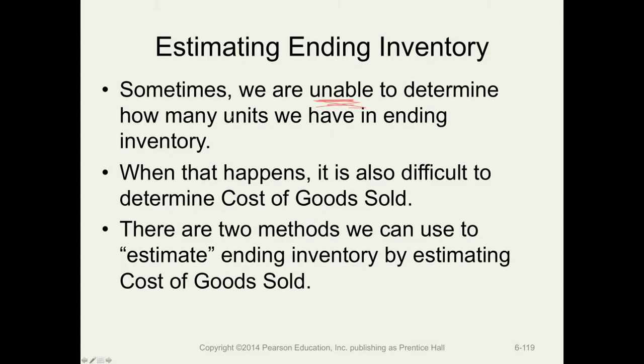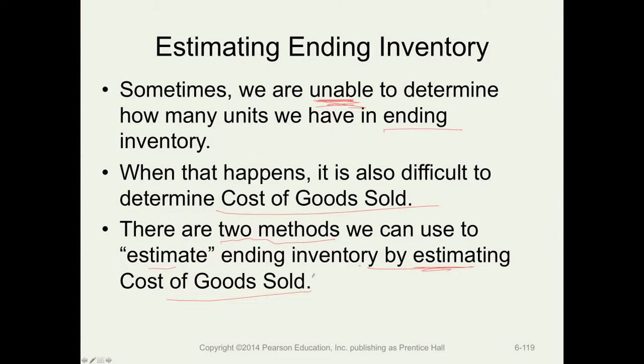And of course, when there's a casualty, not only is it difficult to estimate ending inventory, it's also difficult to estimate the cost of goods sold. Now, the two methods that we're going to use, the gross profit and retail, estimate ending inventory by estimating cost of goods sold first and backing into ending inventory.